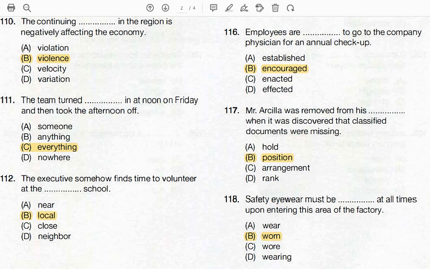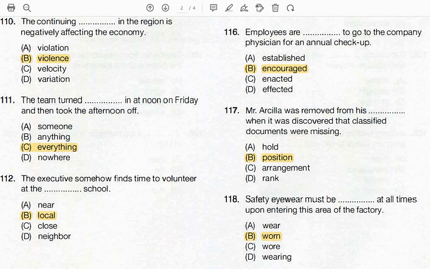The next, Mr. Arkela was removed from his position when it was discovered that classified documents were missing. So B, position, is the only noun that makes this a meaningful sentence. A, a person cannot be removed from his hold.